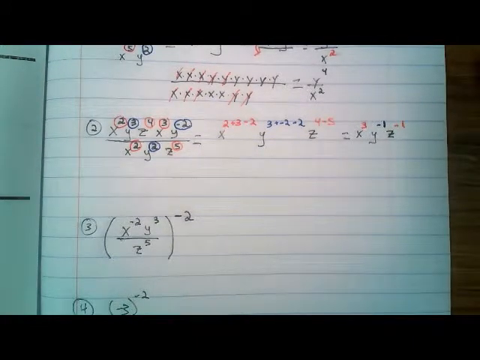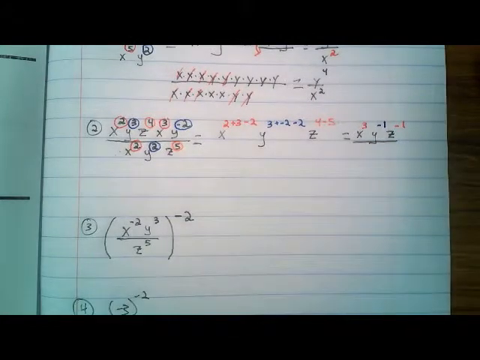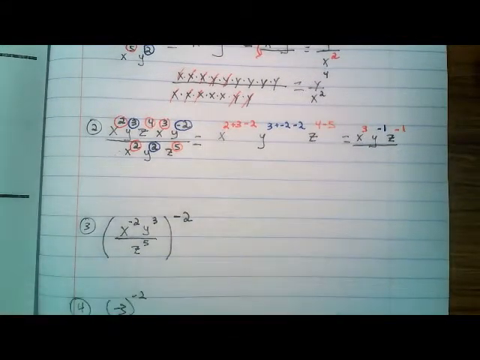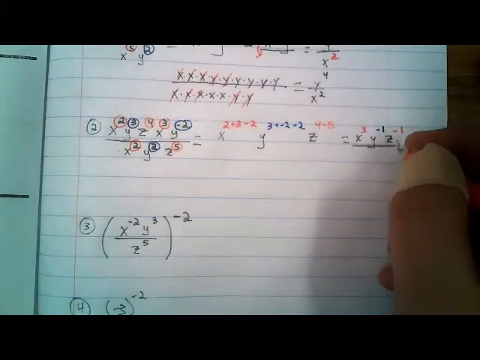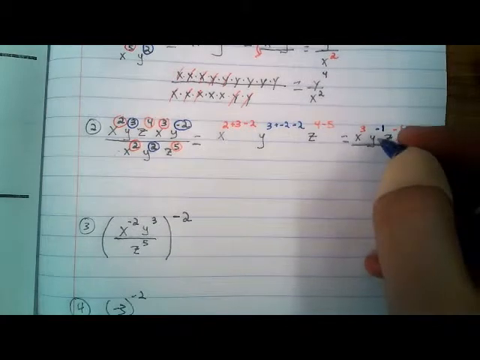Now, I'm not done because I've got negative exponents, so I have to cross the line and change the sign. Right? These both have to go down. This z has to cross the line. This y needs to cross the line.